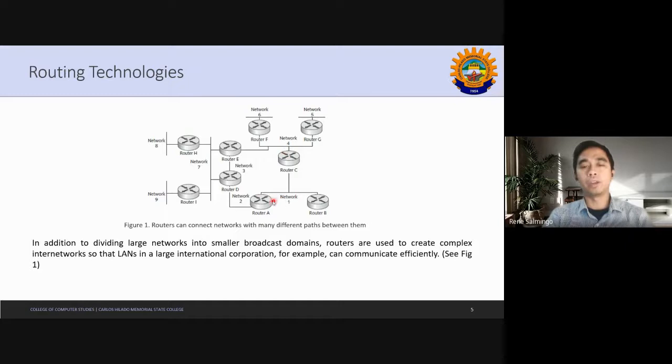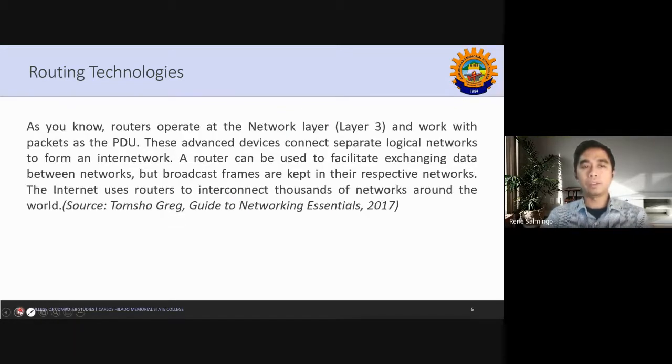In such a way, they will have to communicate from router to router, using their IP address or their specific gateway. In order for you to connect to your ISP, you have your gateway.